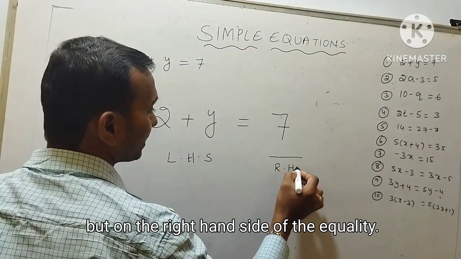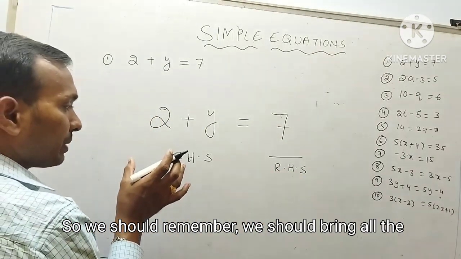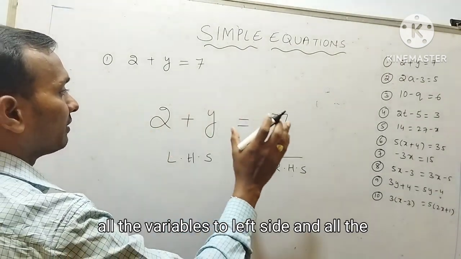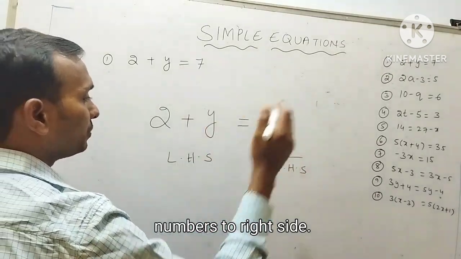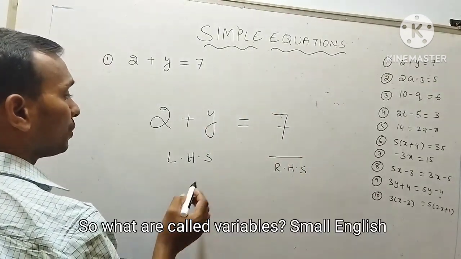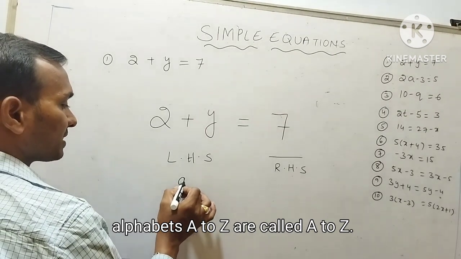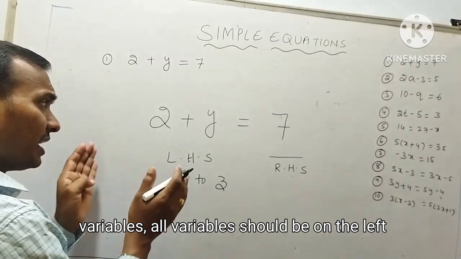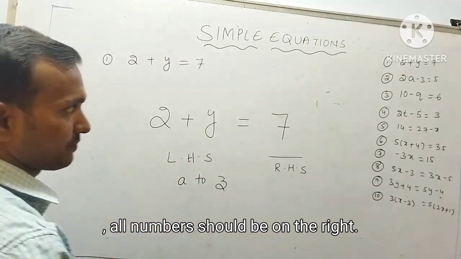We should remember, we should take all the variables to the left side and all the numbers to the right side. What are called variables? Small English alphabets A to Z are called variables. All variables should be on the left, all numbers should be on the right.